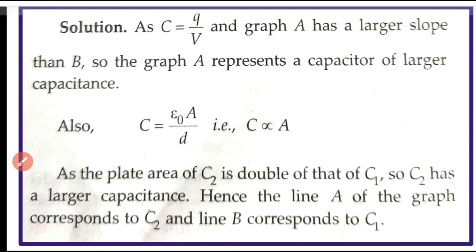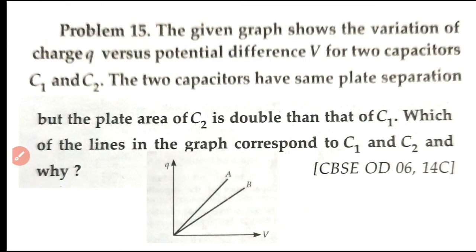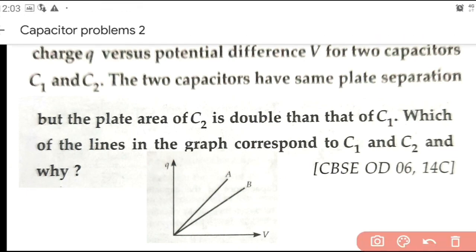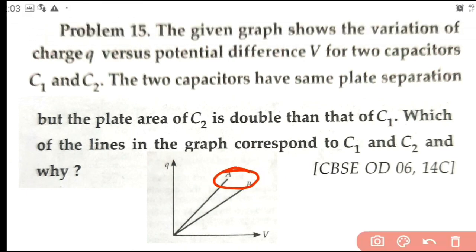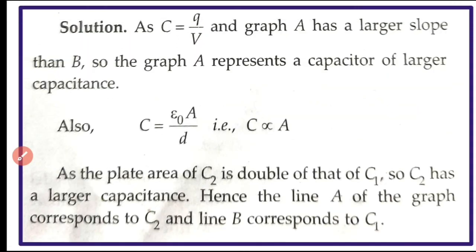And in the graph, A is having more slope. So A corresponds to C2. Capacitance C2 is shown by A, so B shows C1. So that's the answer.